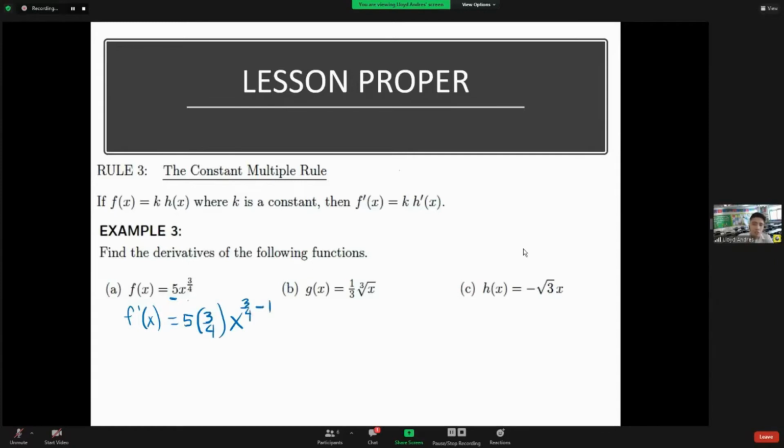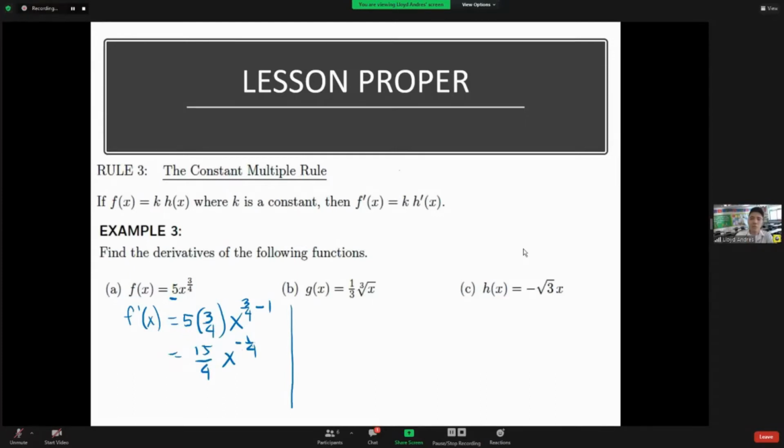That using the power rule. So, that becomes 15 over 4. Tapos, x 3/4 minus 1, that's negative 1/4. So, kung gusto pa ninyo i-simplify. So, that's f prime of x or the derivative of f of x.